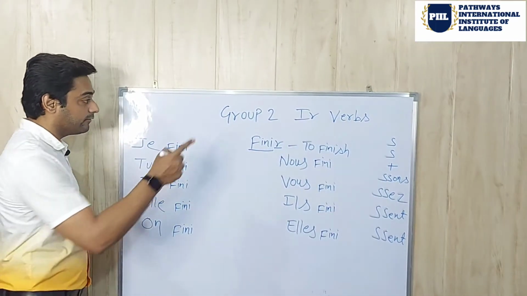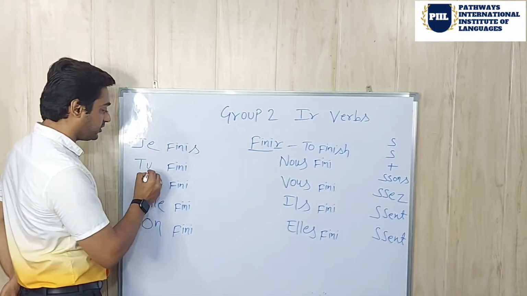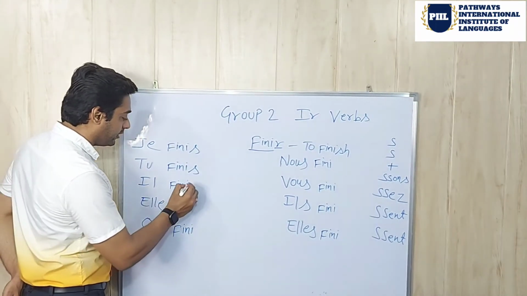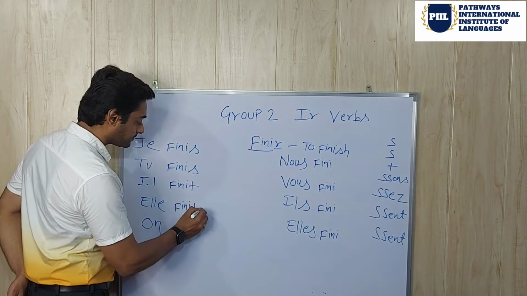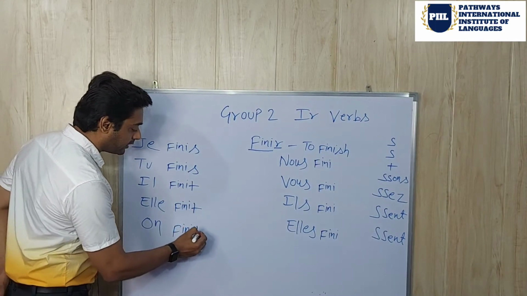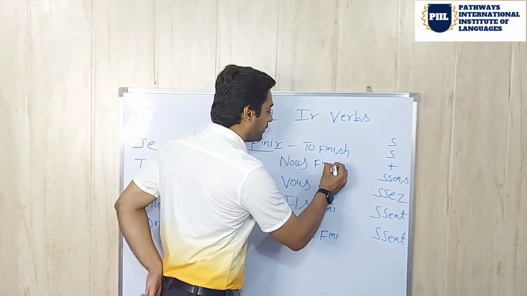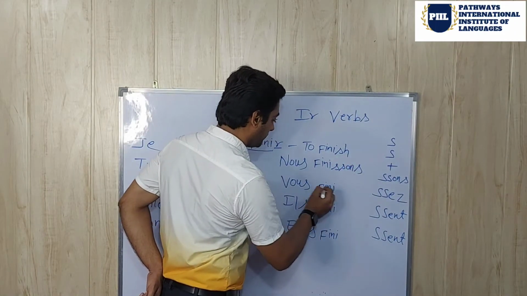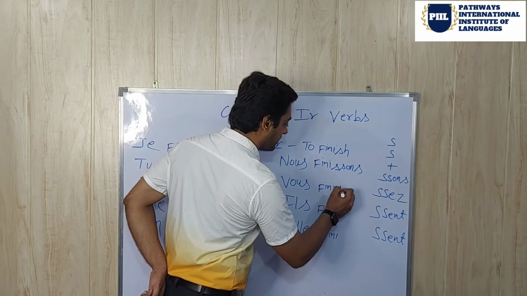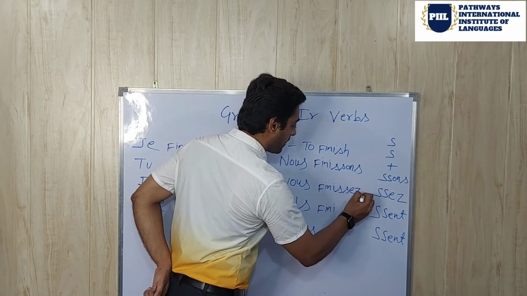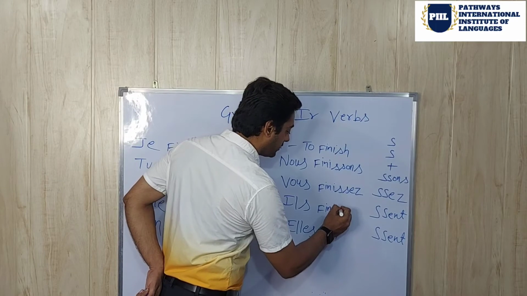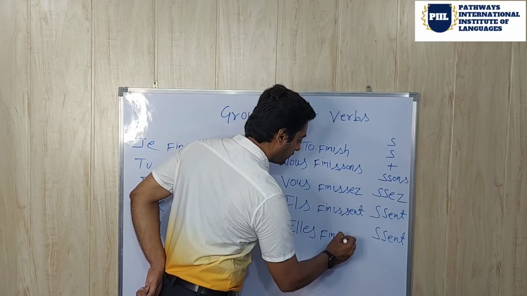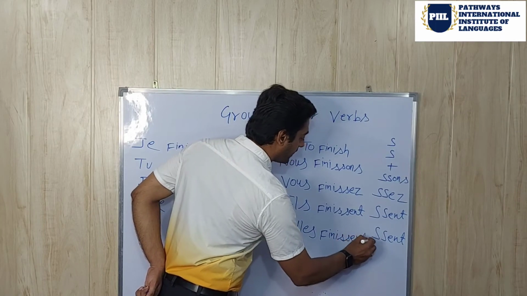Like with je we will put S, with tu again S, with il and elle we will put T, with on also T, with nous S-S-O-N-S, with vous S-S-E-Z, with ils and elles S-S-E-N-T.